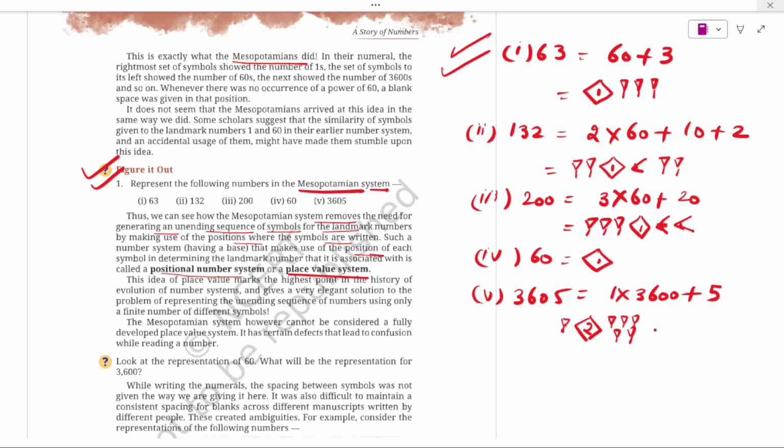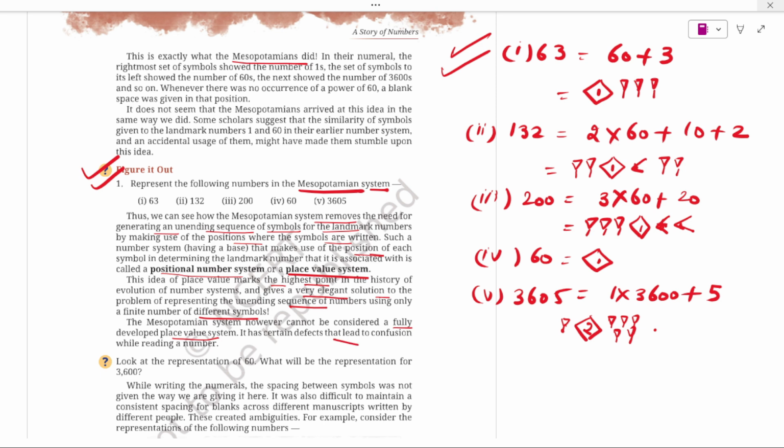This idea of place value marks the highest point in the history of evolution of number systems and gives a very elegant solution to the problem of representing the unending sequence of numbers while using a finite number of different symbols. However, the Mesopotamian system cannot be considered a fully developed place value system. It has certain defects that lead to confusion also.